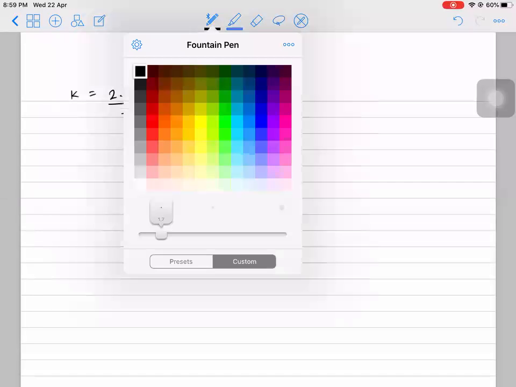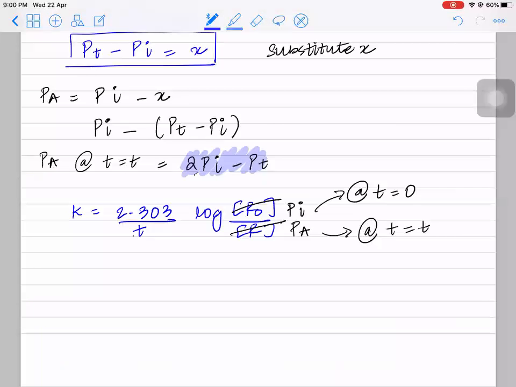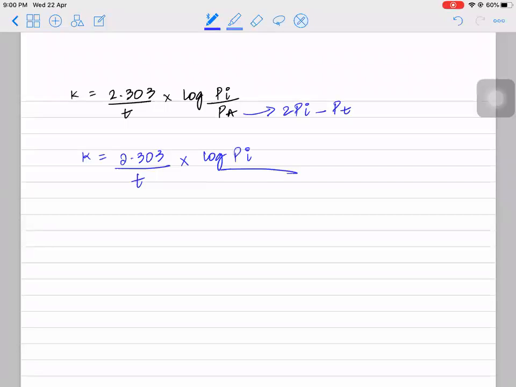And you know that partial pressure of A at time t was 2Pi minus PT. So I can put 2Pi minus PT here. So K is equal to 2.303 upon t times log of initial pressure upon 2Pi minus PT.